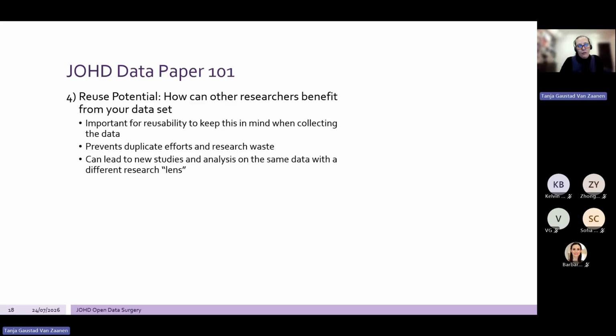If from the outset we think, how could someone who's not in my specific subfield also profit from this data, we can prevent some duplicate efforts and research waste. And hopefully it will lead to new studies and other analyses on the same data, but with a different viewpoint. So that's the ideal, right?